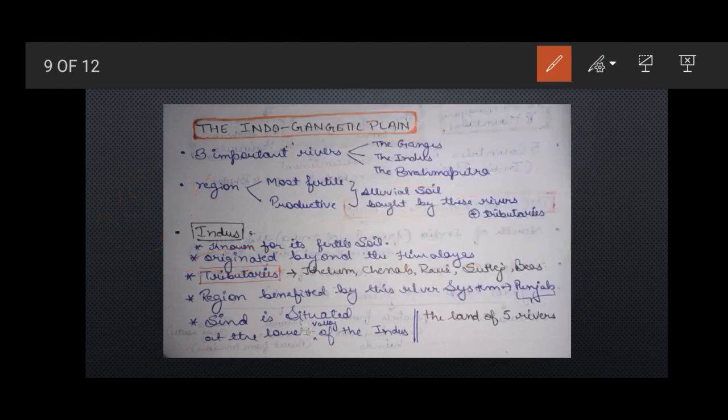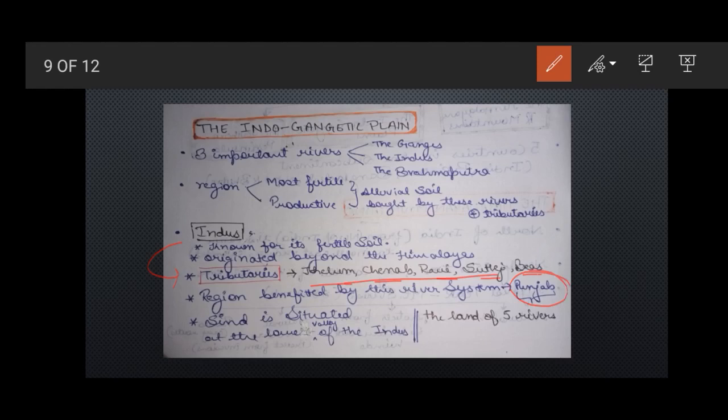Another important thing about the Indus is its tributaries. It is very important to know the tributaries of every river, especially Indian rivers. That's why I included this also. The Indus river has the following tributaries: Jhelum, Chenab, Ravi, Satluj and Beas. And this river system benefits one particular region more than others, and that region is Punjab.